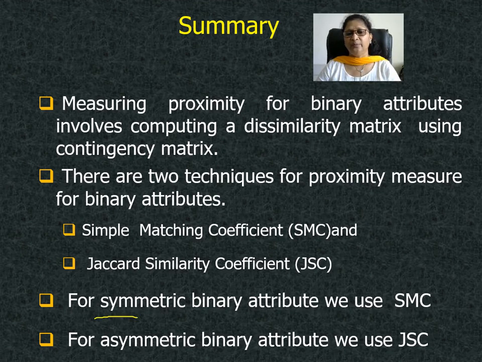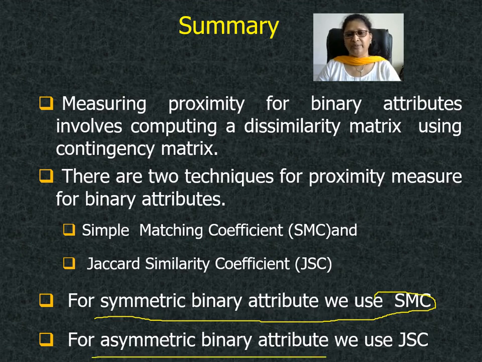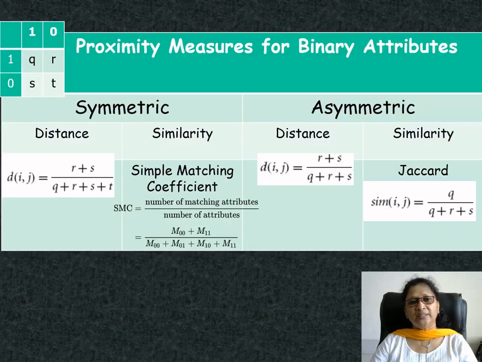And we have to go for symmetric binary attributes using SMC, and we have to compute asymmetric binary attributes proximity using Jaccard similarity coefficient. This is a table where we can list all the formulas, all the measures which we learned today.